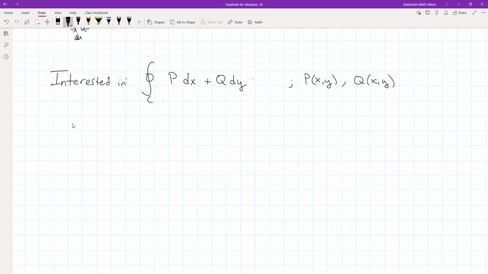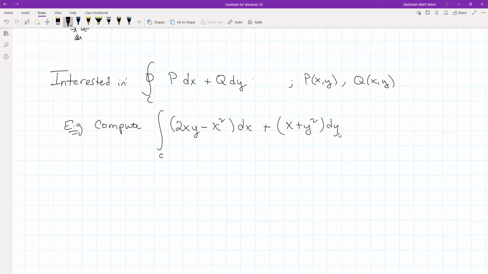Okay, example. Compute the closed curve integral of 2xy minus x squared dx plus x plus y squared dy.